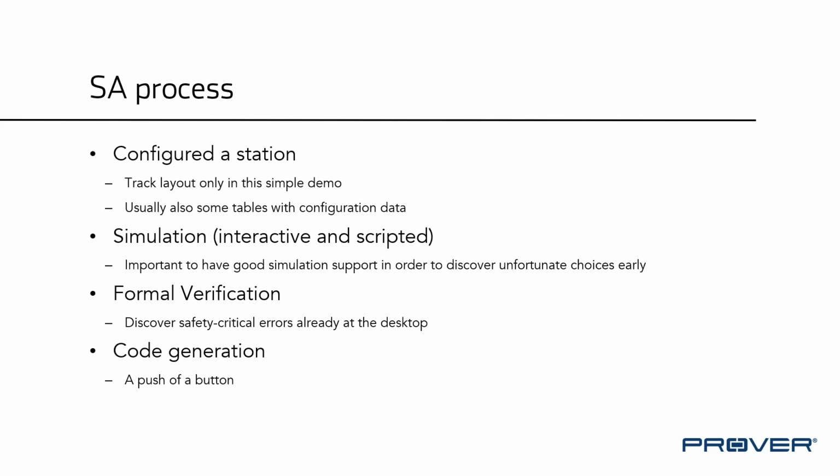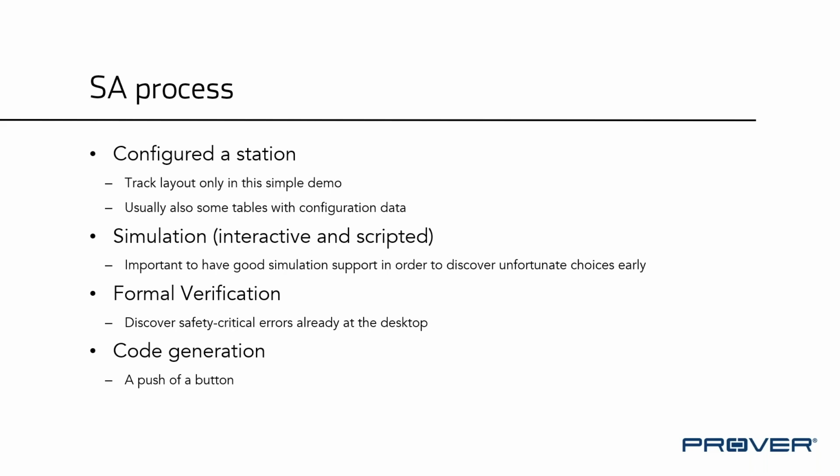I would like to stress that it's important to have good simulation support in order to discover unfortunate choices early. So even if formal verification can be used alone to prove safety, it will not discover if you have made configuration choices that make it, for example, impossible to have simultaneous train routes in the way you want it. Because if something is impossible, it might very well be safe, but it might be bad for your capacity requirements.